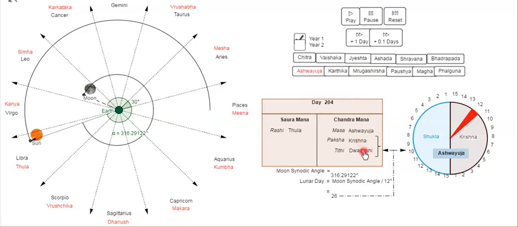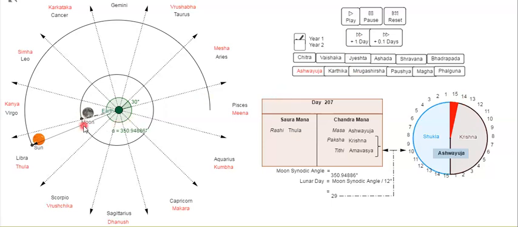The 12th after the full moon is called Dwadashi. The 13th from the full moon is Trayodashi. The 14th is Chaturdashi. Look here, it's now 14. Now when we reach here, it is the Krishna Amavasya.